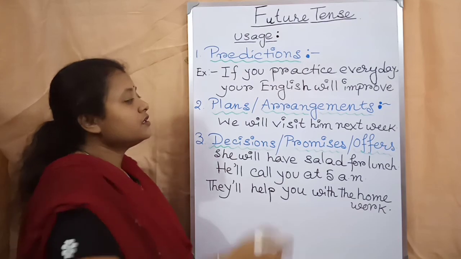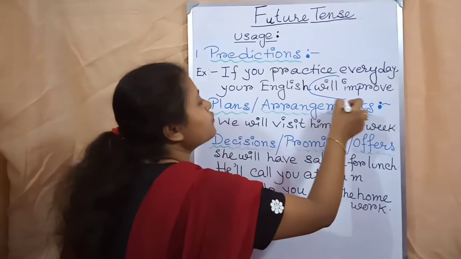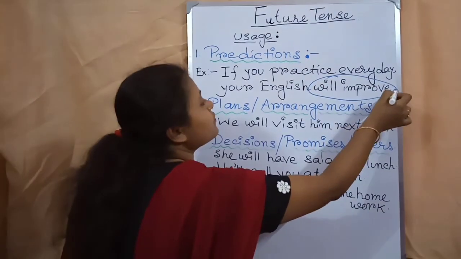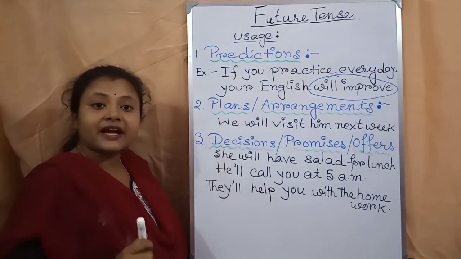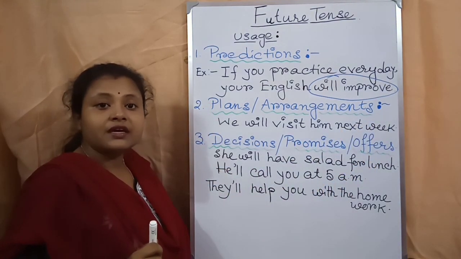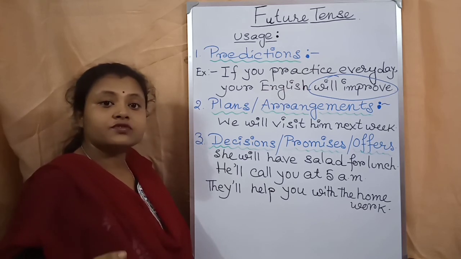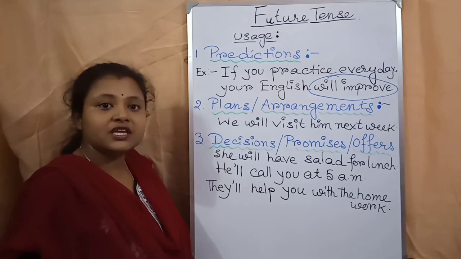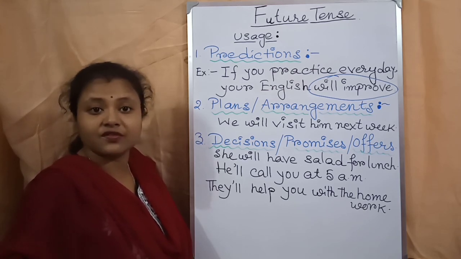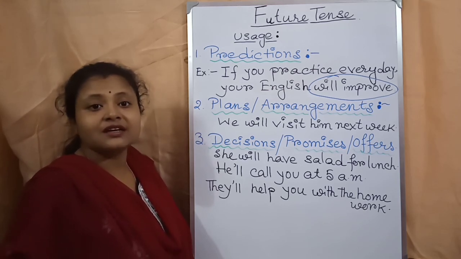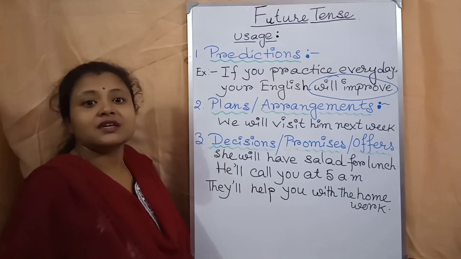So, here, will improve. Here, we have used the future tense. I am predicting that your English will improve if you work hard every day. So, I am predicting your improvement in English.